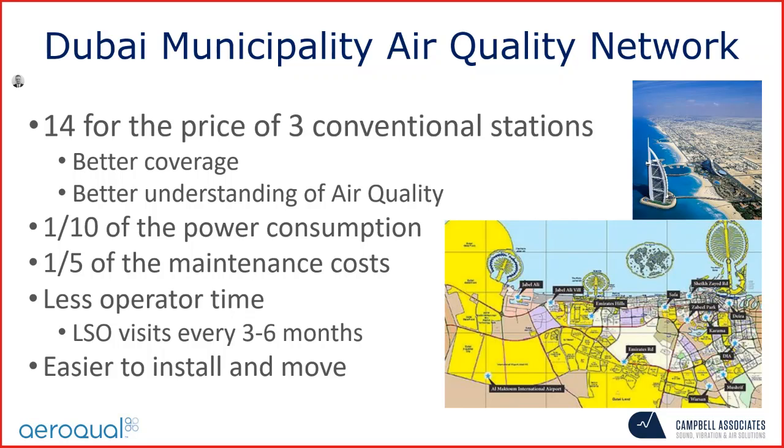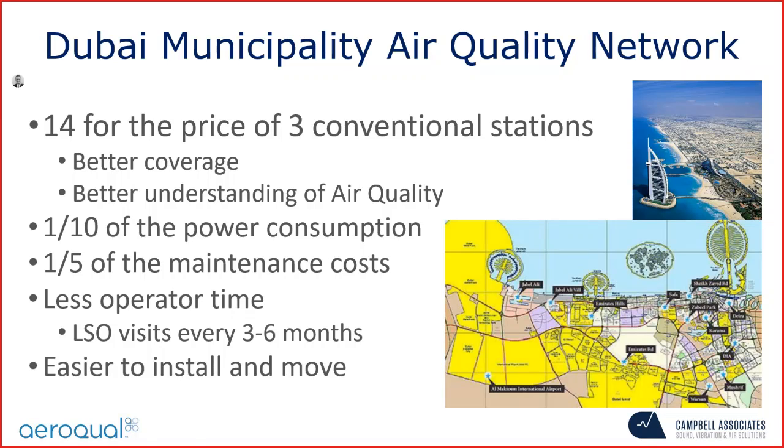This is what happened in Dubai. They realized that they could either have 3 conventional US EPA type, MCerts type approved monitoring stations, or they could have 14 AQMs, and they went for 14 AQMs. That's then given them much better coverage, far more detail, and is giving them far better understanding of the air quality, but with the knowledge that the data that they've got is absolutely accurate.